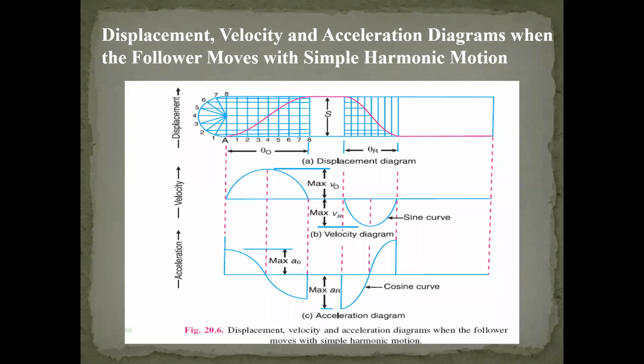The horizontal portion is divided into an even number of equal parts, let us say 4, 6, 8 or 10, whatever it may be. An even number of equal parts is required. In this case, 8.